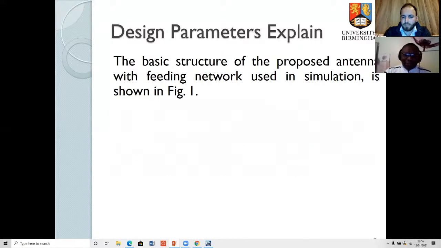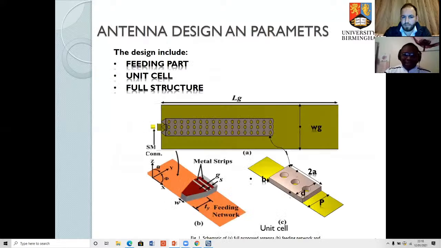So going back to the slide, you can see that all these parameters have been put on your screen. We have the WG, which is the width of the copper plate, the length of the copper plate, or the ground plate, is the LG, and you can see the TY and then the W are the feed network parameters, which are illustrated on your screen.